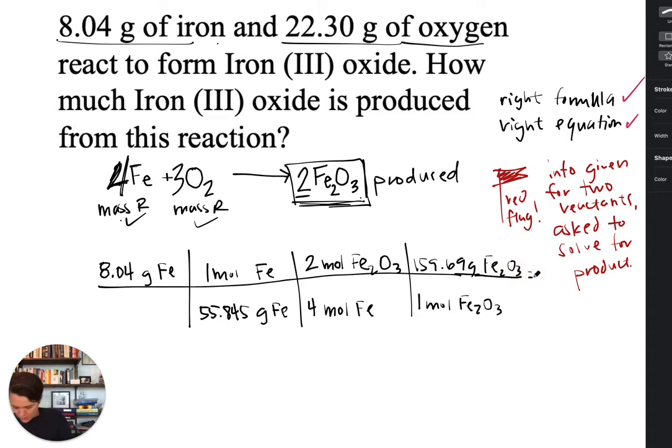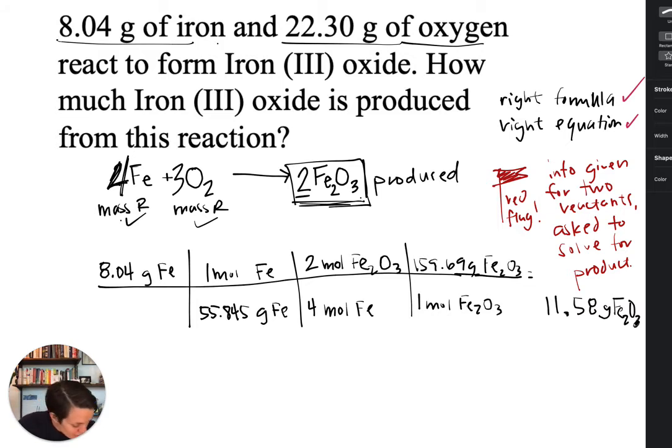All right, and I'm going to just go ahead and solve that now. Paying attention to your order of operations, I get 11.58 grams of Fe2O3.